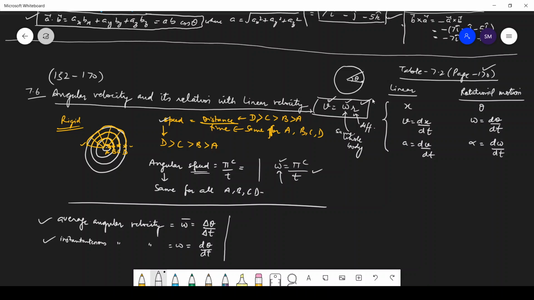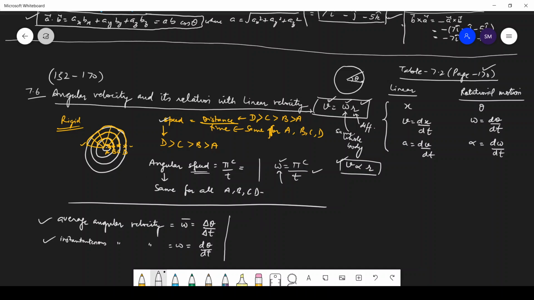So from this formula, mathematically also you can say, because r is different but omega is constant, v is directly proportional to r. So the larger the radius, the more the linear velocity. Okay, got it?